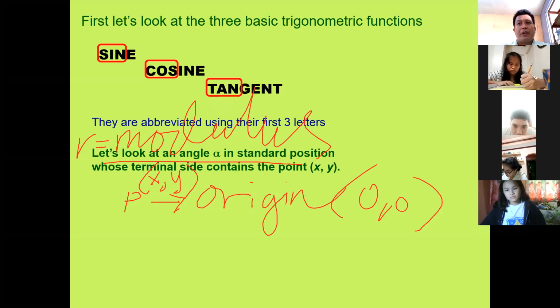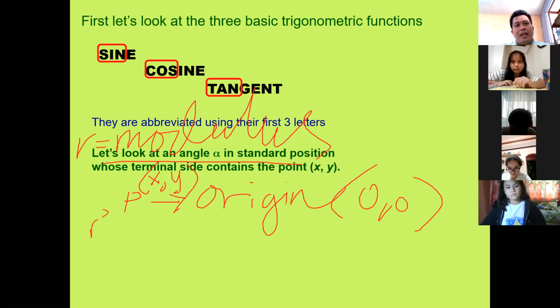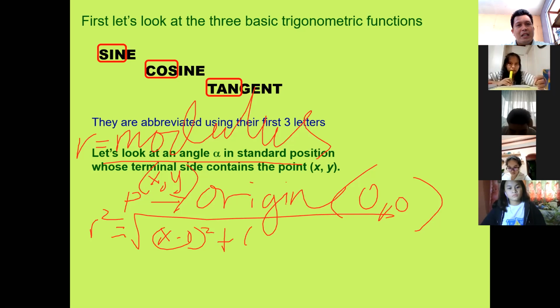Using the distance formula, r is equal to the square root of x minus 0 squared plus y minus 0 squared. Oh, there's no square root yet.